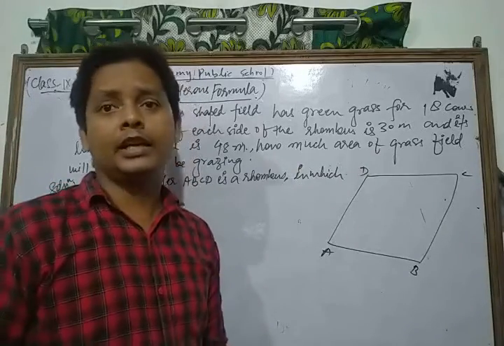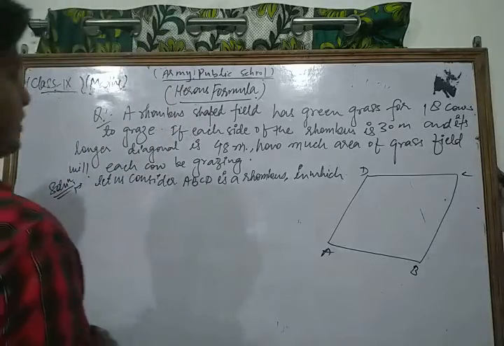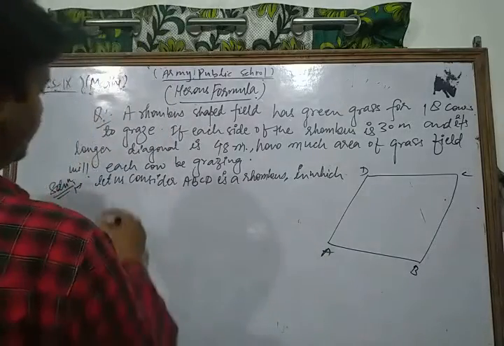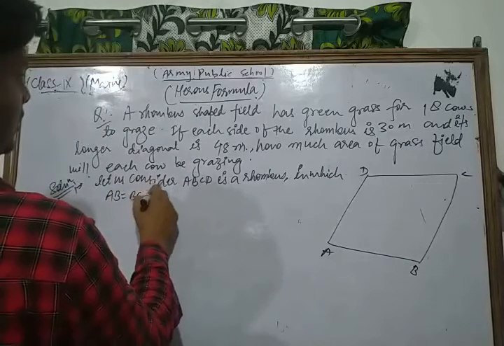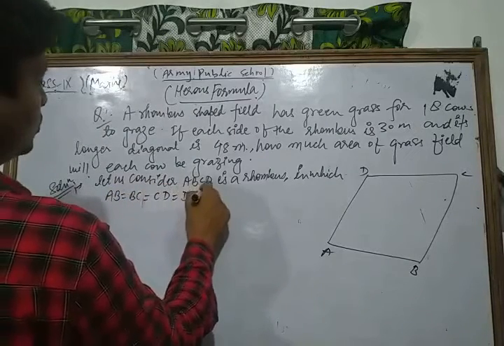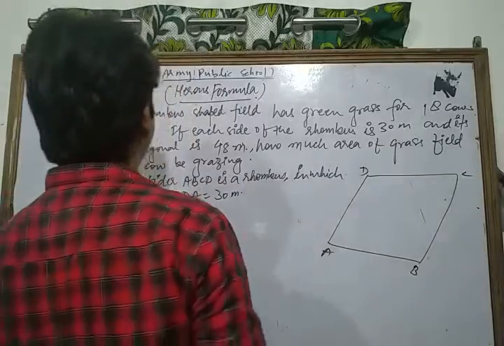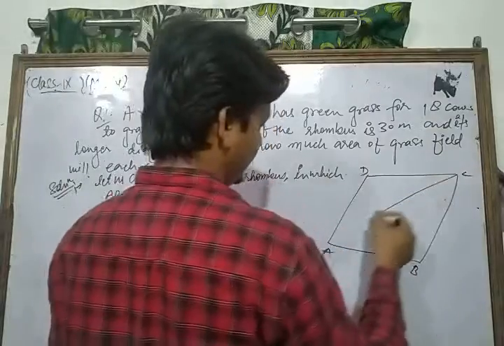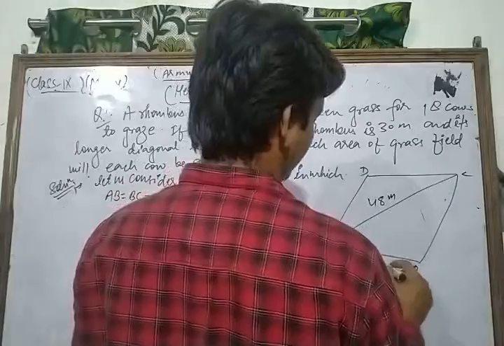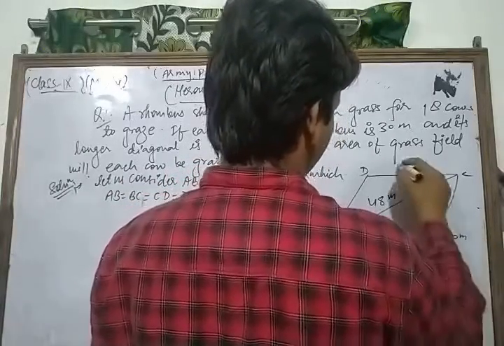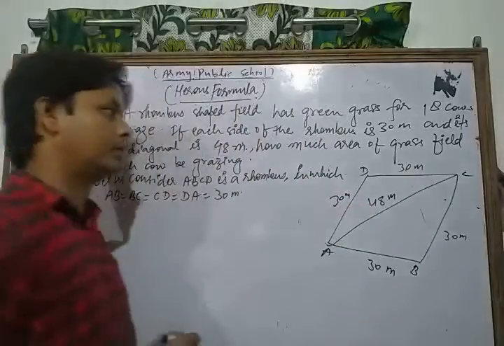We know that in a rhombus all sides are equal to each other. So let us consider ABCD is a rhombus in which AB is equal to BC is equal to CD is equal to DA is equal to 30 meter and its longer diagonal is 48 meter. So AC is the diagonal, which is 48 meter, and each of its equal sides is 30 meter.